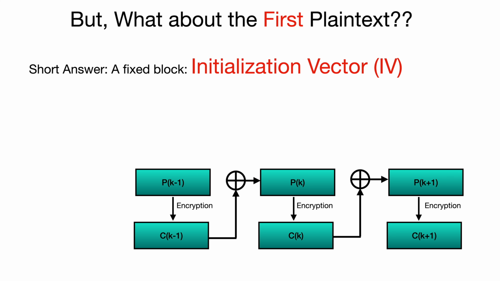So, looking at the same example, we will now attach the IV at the start of the plaintext. This will initiate our cipher block chaining mode, and ultimately we will get rid of the repetition kind of attack.